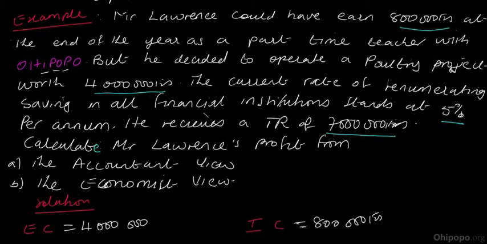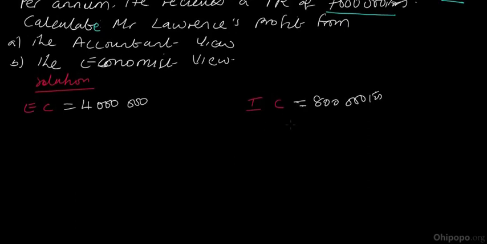Now, the current rate of remunerating savings is talking about what? The interest that he would have made in saving this money, which is 5% of the 4 million francs. Which means that if he had saved the money in the bank, which he did not, he has forgone 5% interest of the 4 million francs.